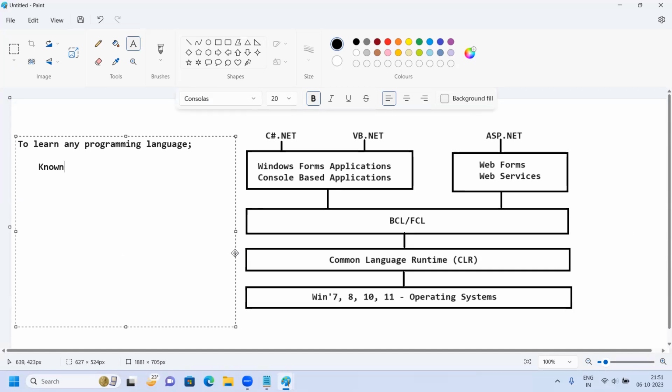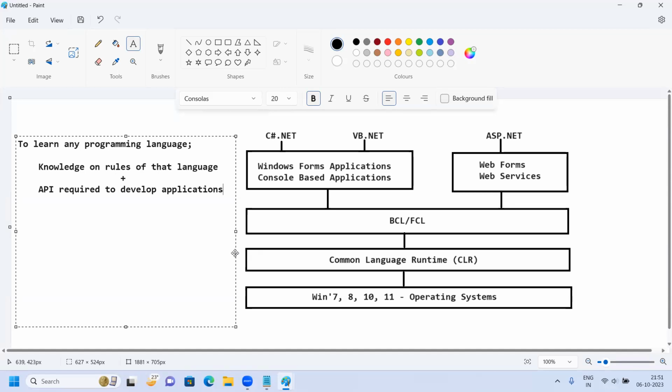One, knowledge on rules of that language. Plus, what do you need? API required to develop applications. Two things.